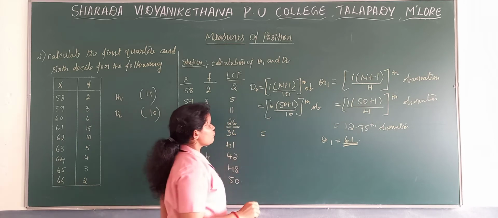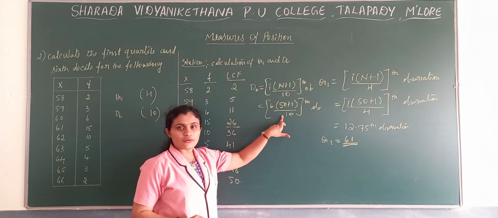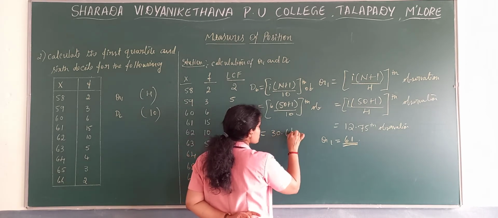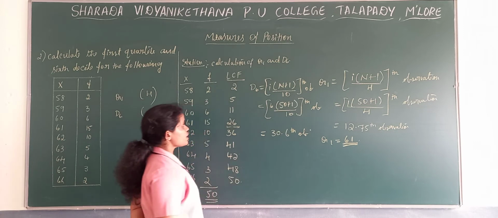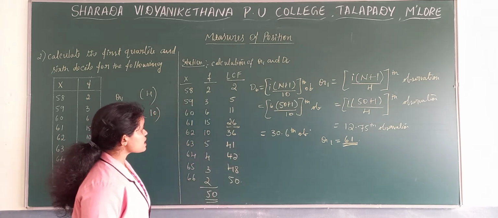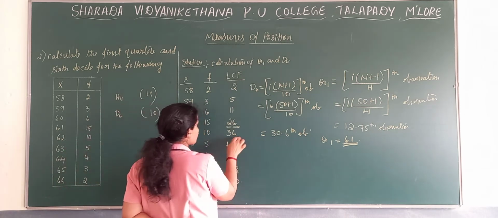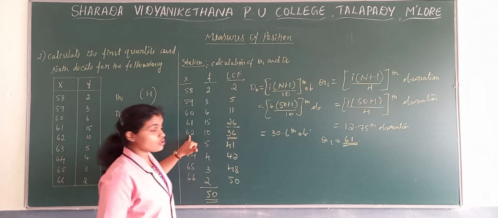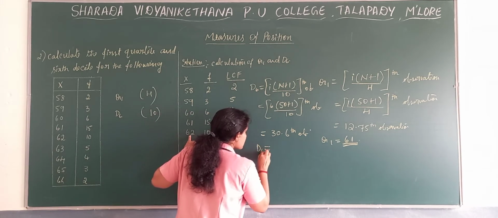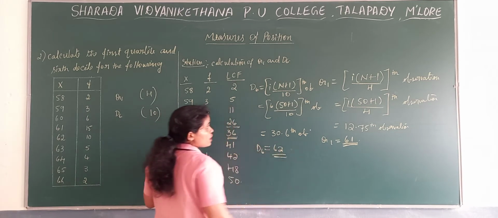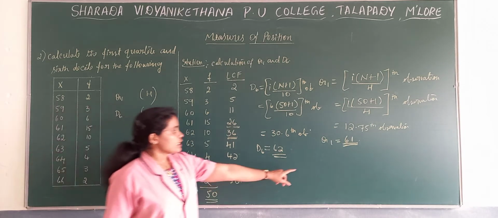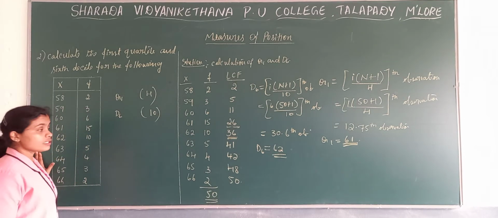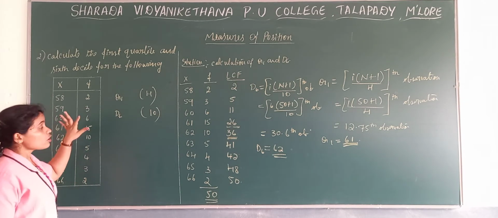Now 51 into 6 divided by 10, we get the 30.6th observation. Now see where 30.6 will fall in the LCF. 30.6 will fall within 36. So the corresponding x value is 62. So D6 is 62.